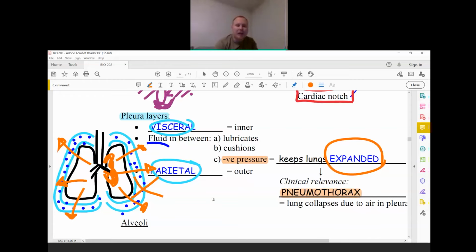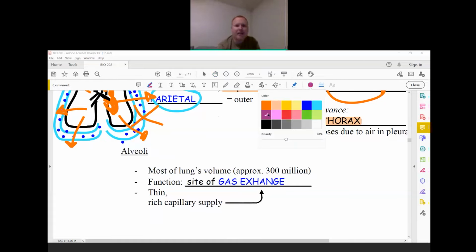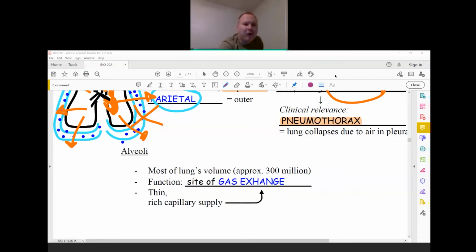And the last anatomical structure that I want to talk with you guys about is going to be our alveoli. So alveoli are these final ends of the respiratory tree. They actually form the majority of the volume of the lungs.